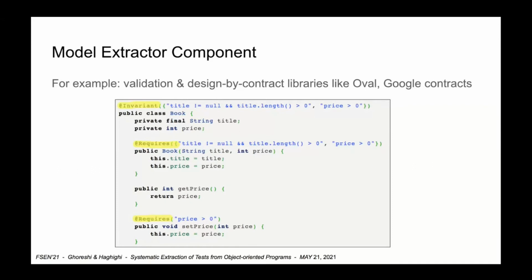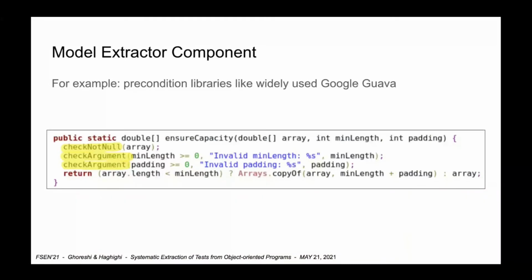For another example, there are precondition libraries like Guava Preconditions, which is widely used among developers, or Apache Commons. These are in the form of methods to check and validate the parameters, the object state, and other cases.